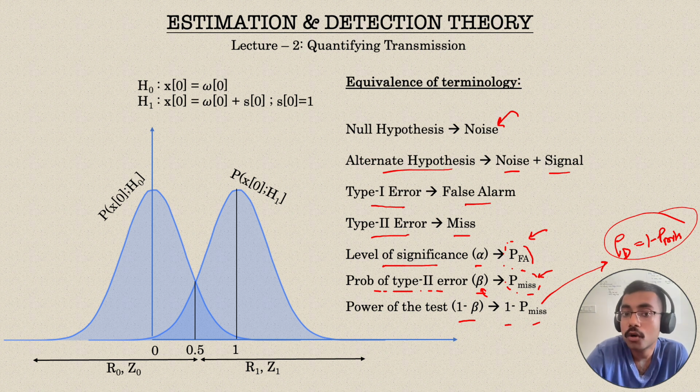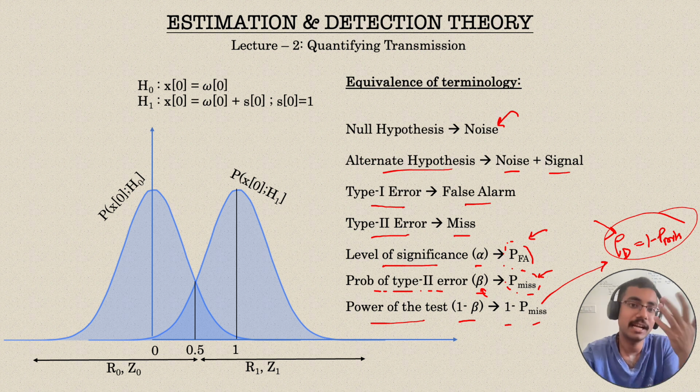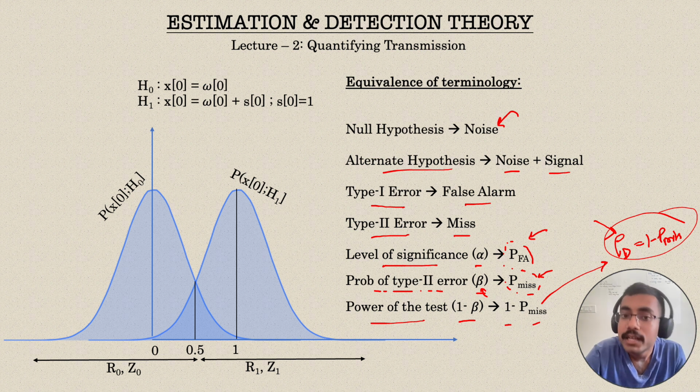Now see why it is called the power of the test. Because the greater the probability of detection, the better our classifier is, the more powerful our classifier is. So we set up a test and we want to decide the power of the test. We can estimate it by the probability of detection.